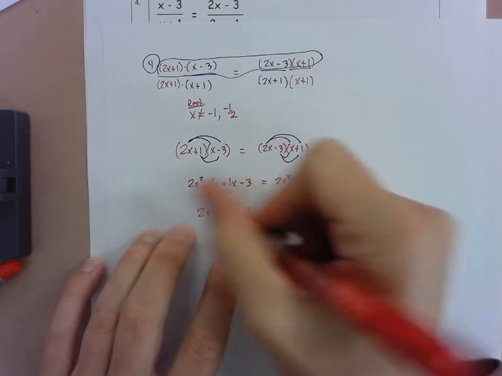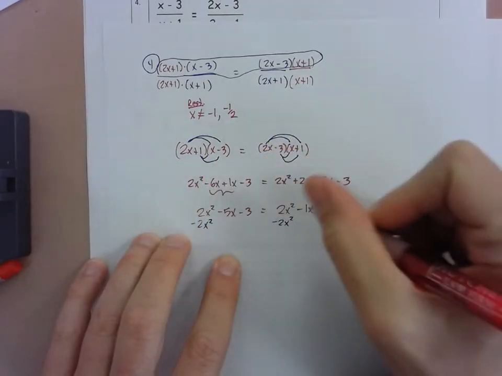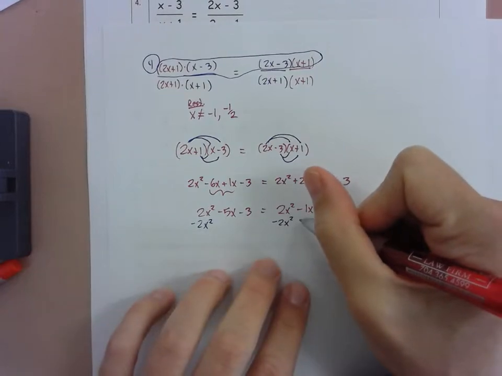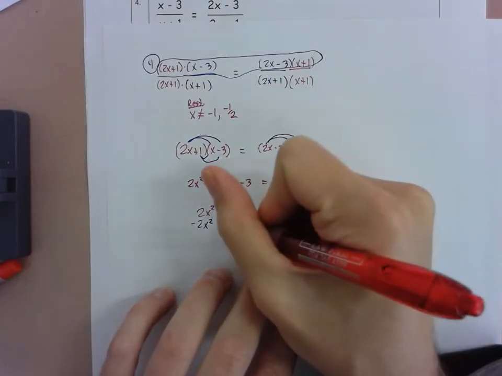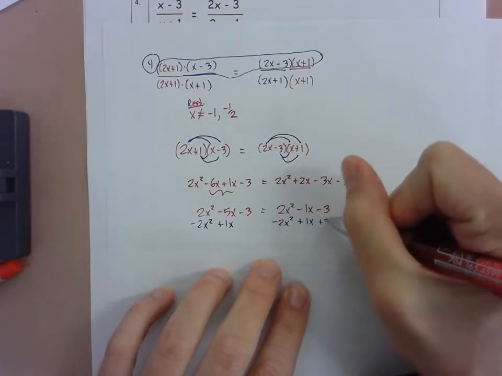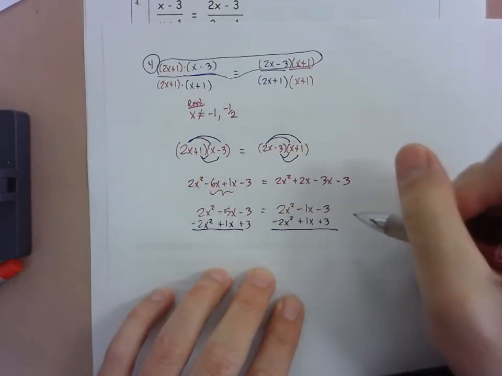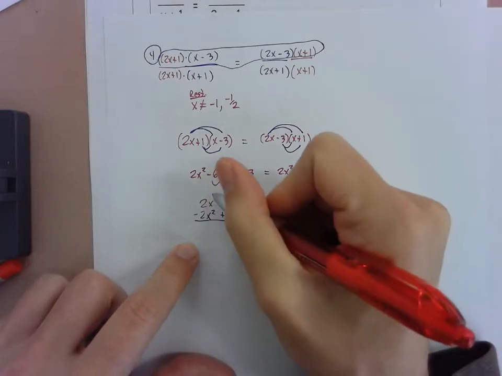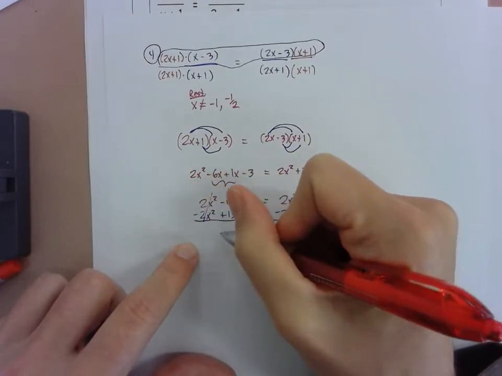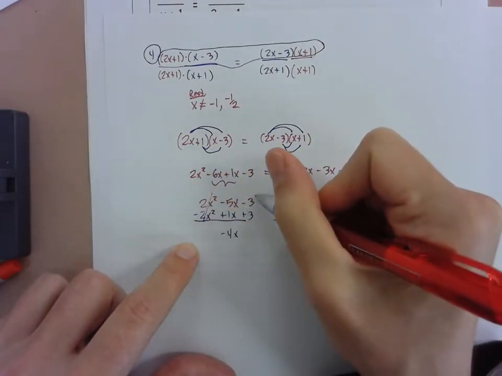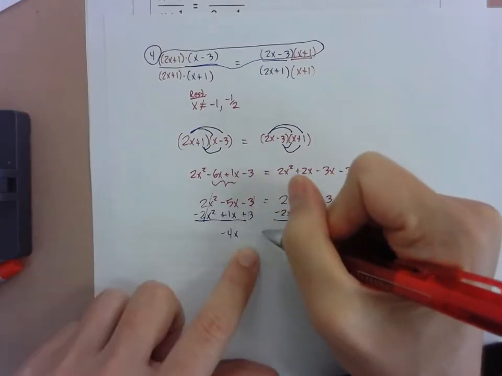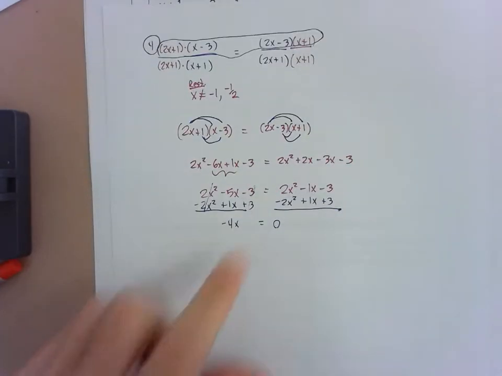But for the sake of being consistent, I'll just bring everything to the left side. And let's see how this all pans out. So that's going to cancel out. This is going to be negative 4x. Those will cancel out. Equals 0.